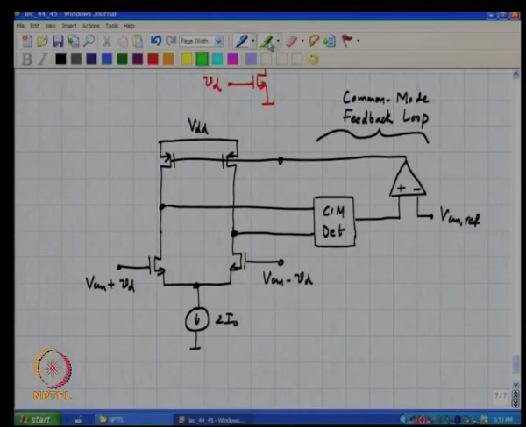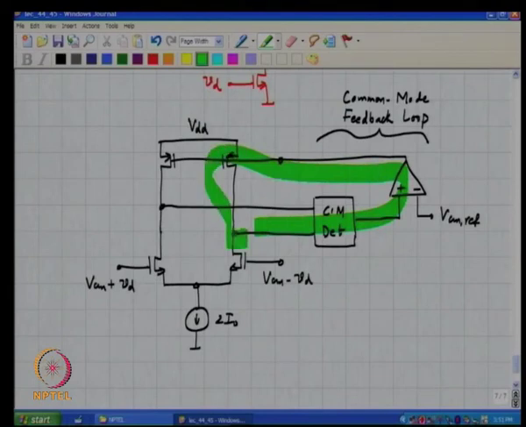Okay, the actual feedback loop runs through like this. Is this clear? Okay.